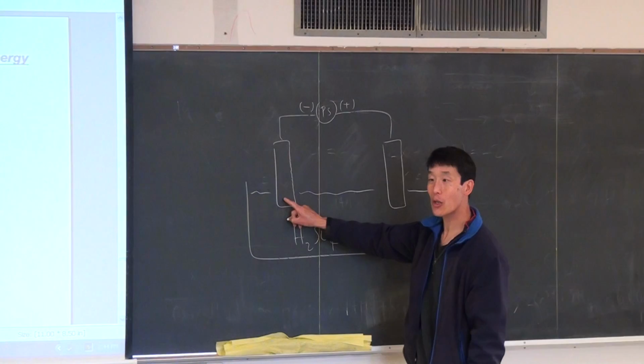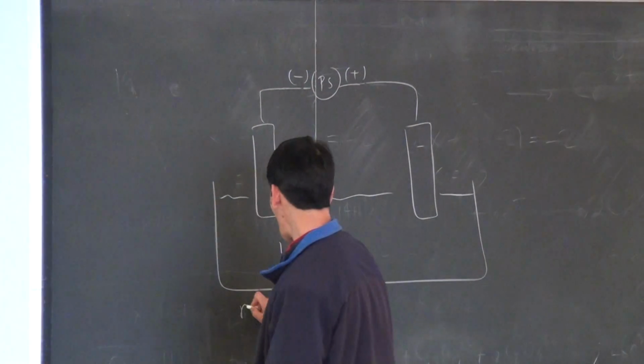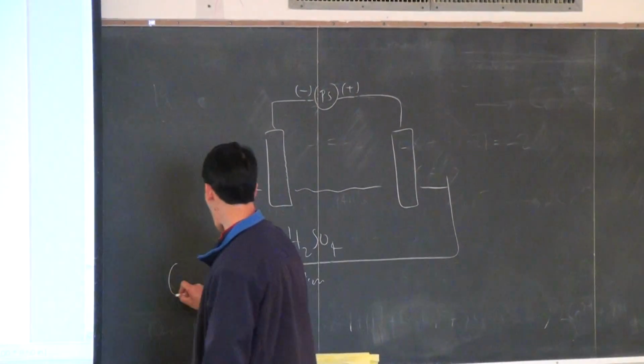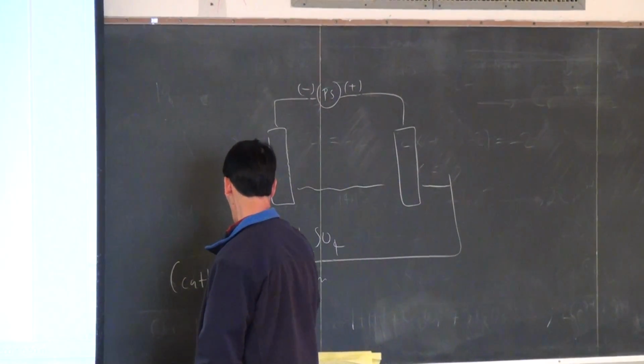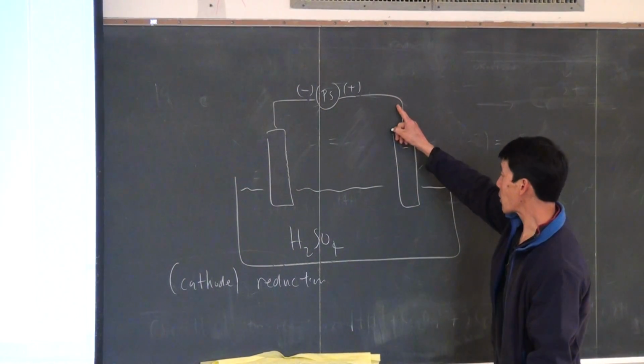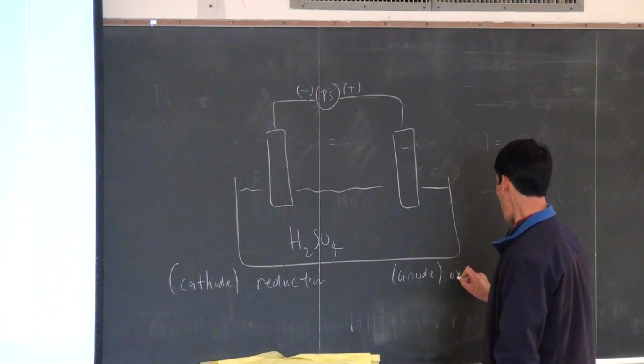So is oxidation going to occur here or reduction? Yeah, so this is where reduction will occur. So we have the reduction reaction, this is where our cathode is. And then this is where we have the positively charged electrode. This is our anode, and this is where oxidation occurs.